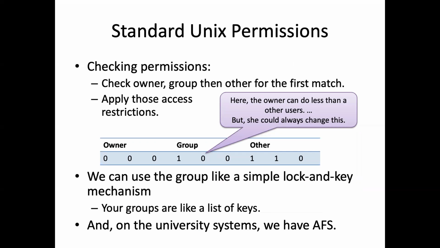This middle part, the group mechanism, you can think of that as a simple lock and key mechanism, partly because users or domains can be part of multiple groups. So if you're a user on a Unix system, you might be a member of more than one group.